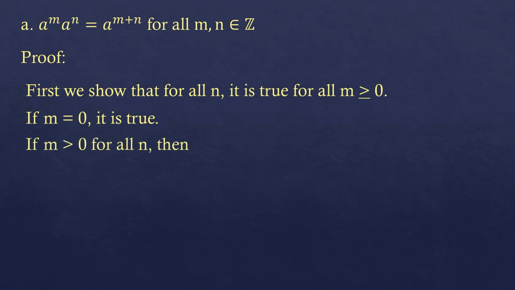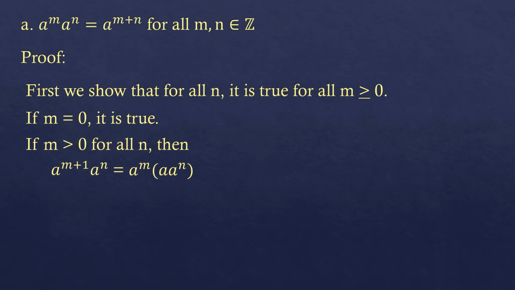Now for m greater than 0, for all n, consider a to the power of m plus 1 times a to the power of n. You might wonder why there is plus 1. Because we are talking about greater than 0, to make sure that it's greater than 0, we add 1. So is it equal to a to the power of m times a to the power of n?